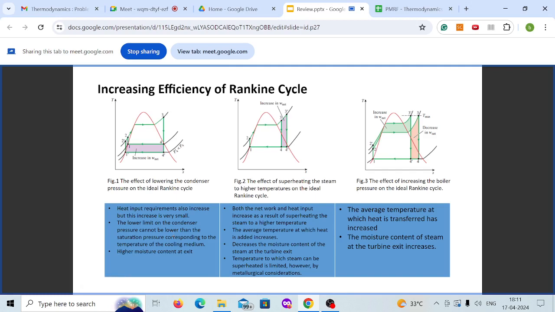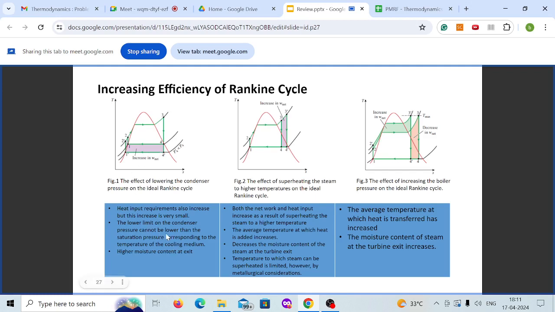The other ways of increasing the efficiency of the Rankine cycle are by lowering the condenser pressure, by increasing the superheat, or by increasing the boiler pressure. In the case of reducing the condenser pressure, this colored portion is your net increase in work.